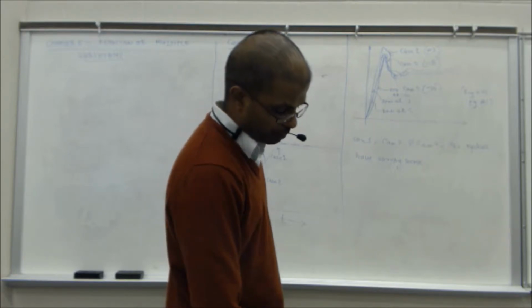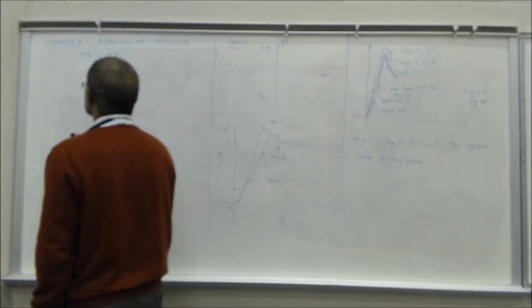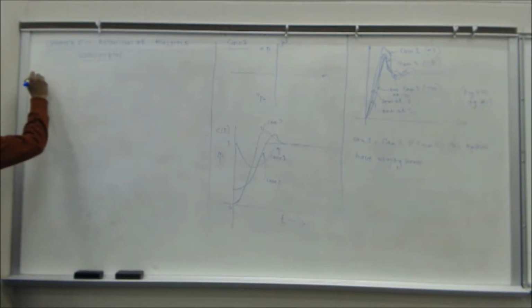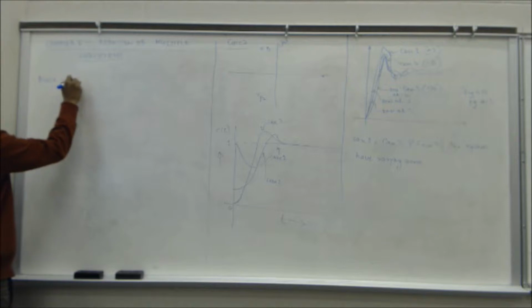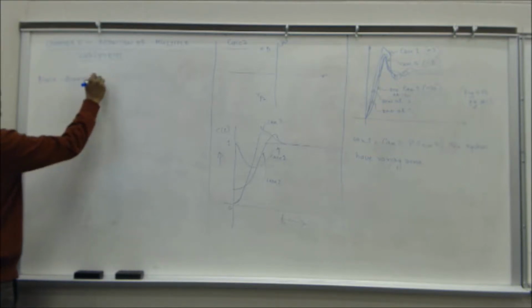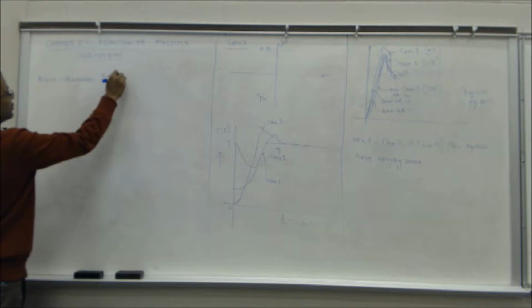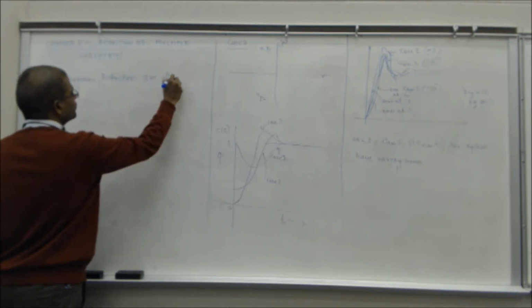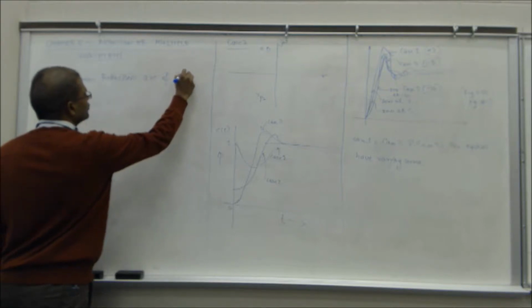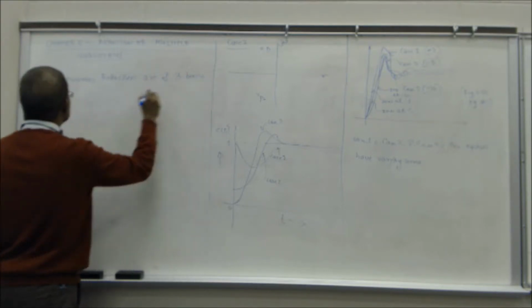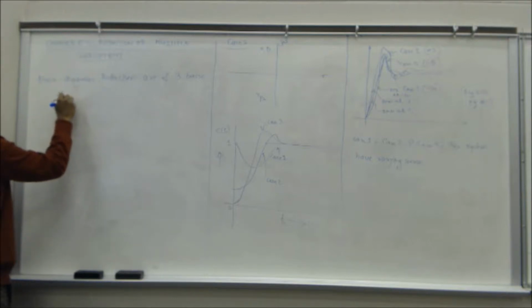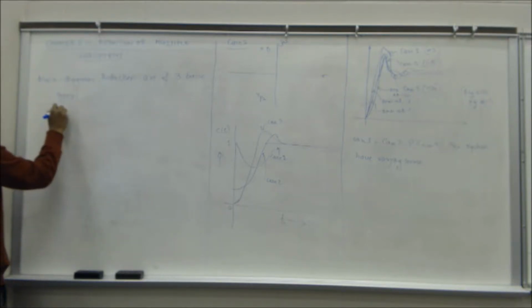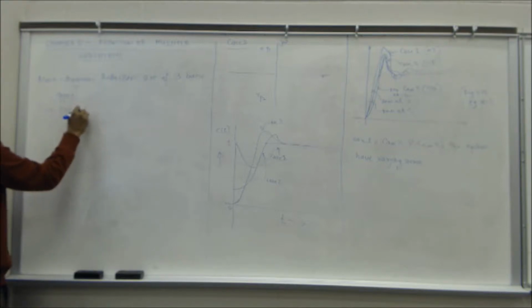There are three basic forms of basic types. The first one is cascade form.